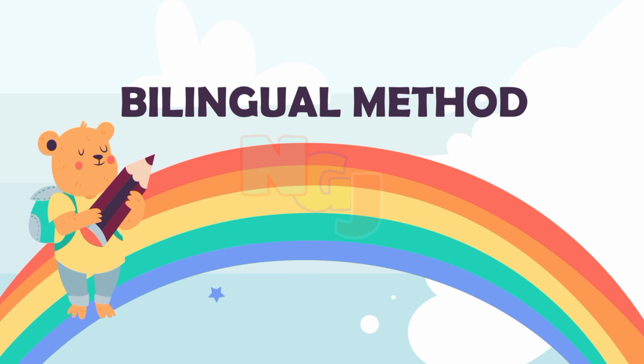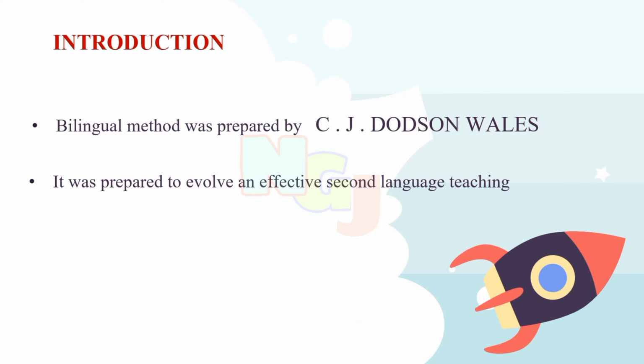Now, let's see about the bilingual method. So, what does bilingual method mean? This bilingual method was proposed by C.J. Dodson Wales. It was proposed to evolve an effective second language teaching. Second language here means English language teaching.